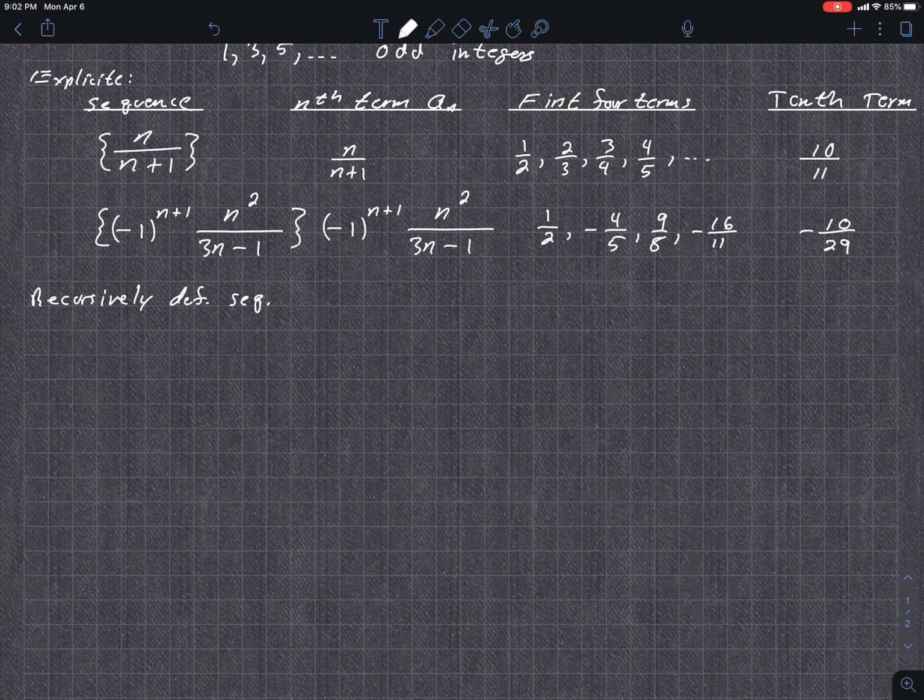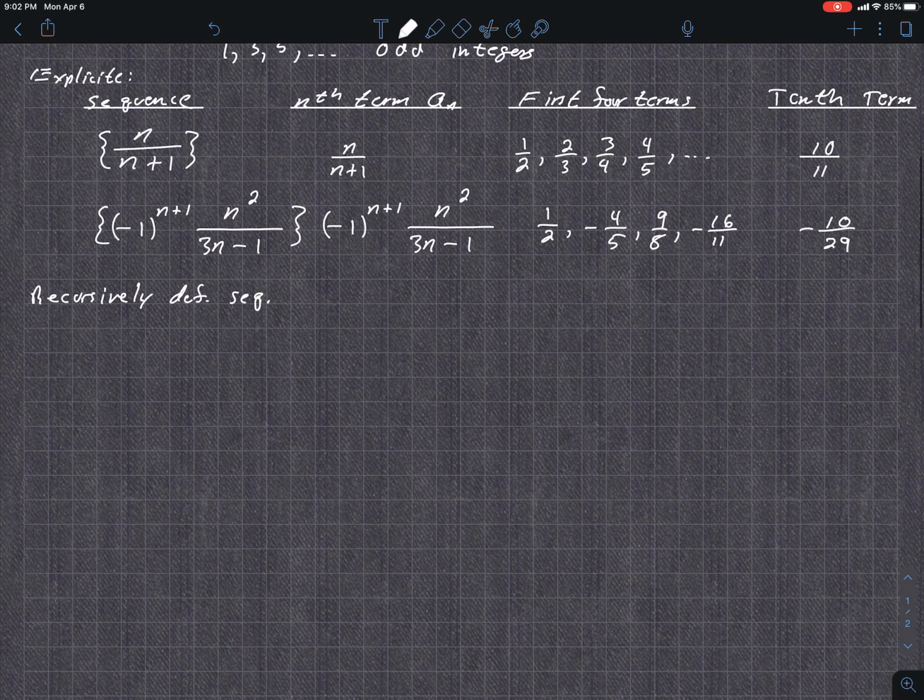So this is the case where they give you multiple terms, and then the next term or the next maybe couple terms defines the next term. So let me say that again. The first couple terms define the next term.